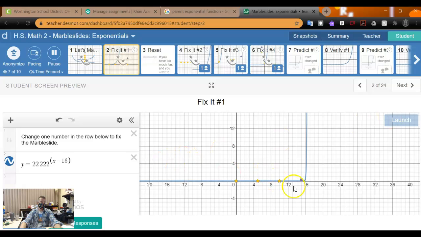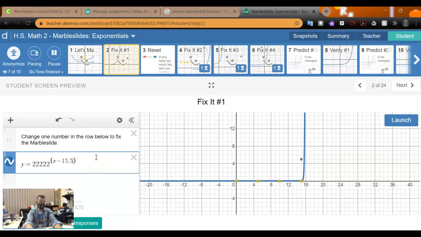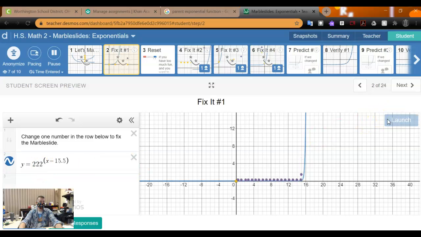Too steep. Or really, I'm not close enough. So what if instead of 16, I do 15.5 to keep trying to get closer? Oh, what if I take away one of my steepnesses? Maybe I'm too steep now. What if I change this back to... there we go. I was too steep. I was making almost like a right angle down here.